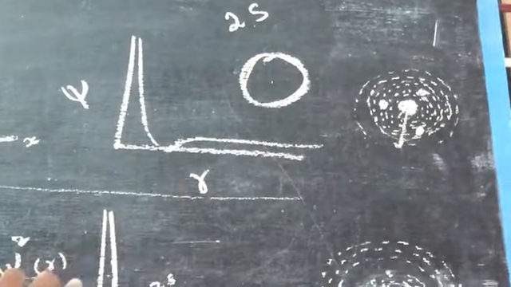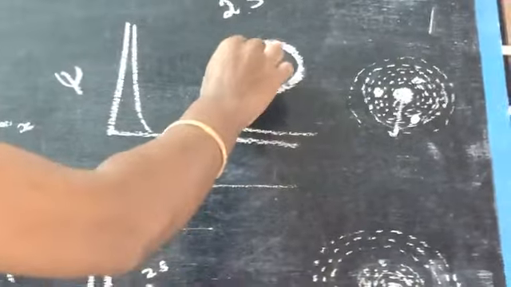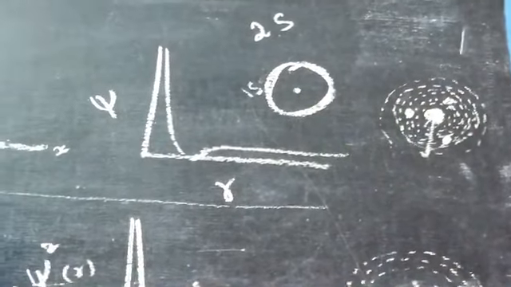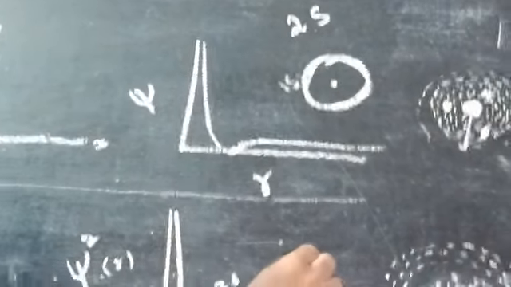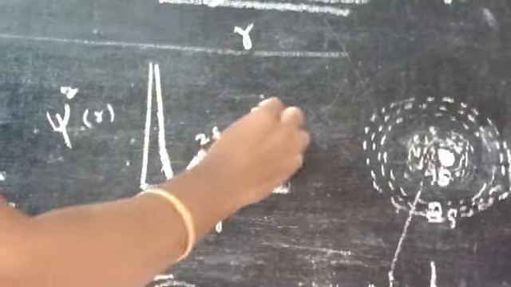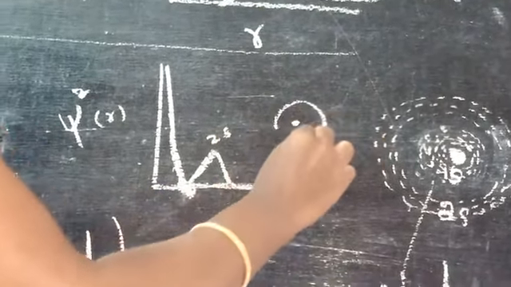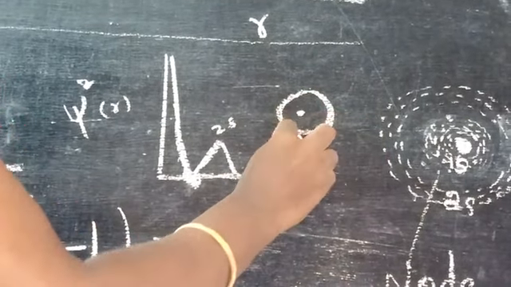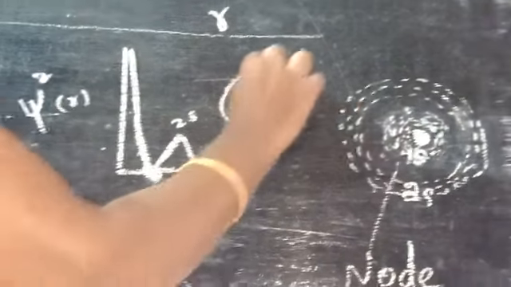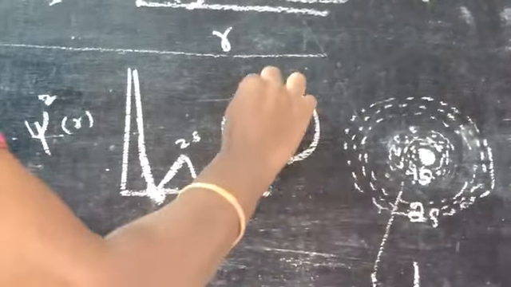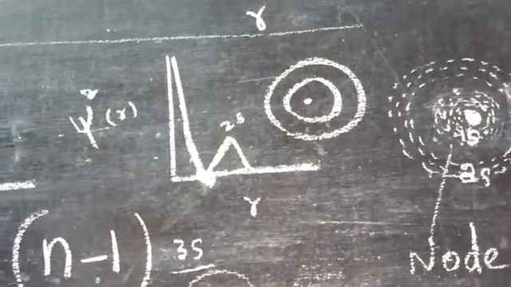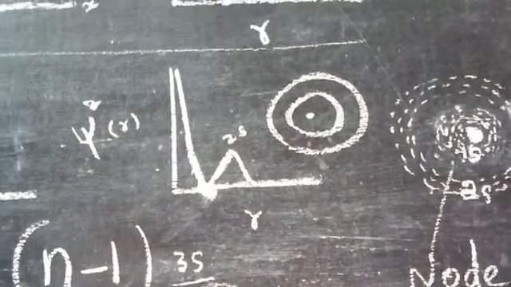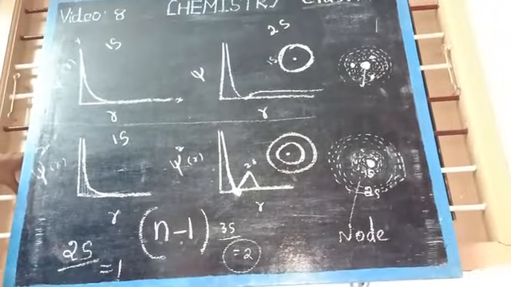Here the nucleus is present. This one is for the 1s orbital. In the 2s orbital boundary representation diagram, the nucleus, next the 1s orbital, then here some gap, and next the second one. This one is for the 2s orbital, the boundary diagrammatic representation.